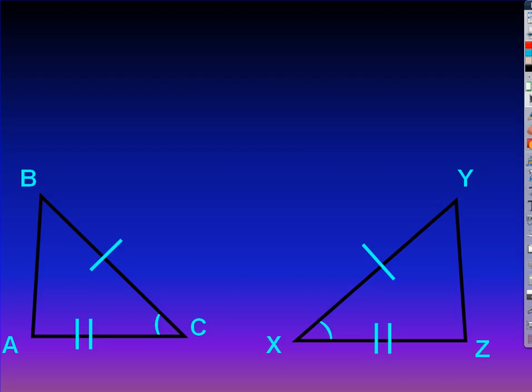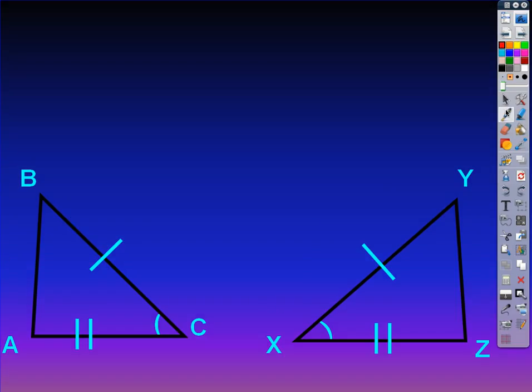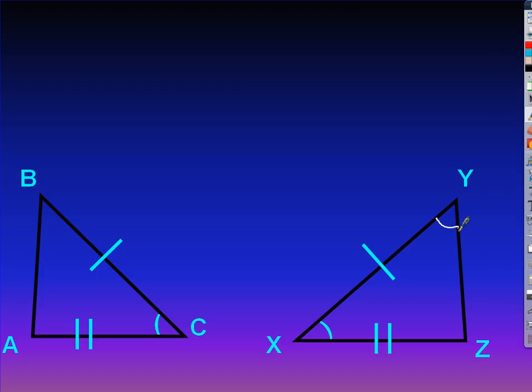So here's an example. Triangle ABC is congruent to triangle ZYX here, because look at this. We've got BC is congruent to XY, AC is congruent to XZ, and the included angles, the angles between those two congruent sides, are both congruent also. Now, do you see that if I had drawn a picture where that was the congruent angle and not that, that wouldn't have worked, would it?